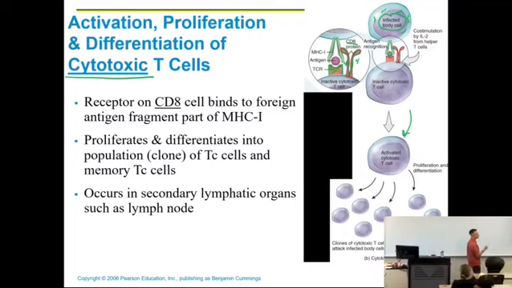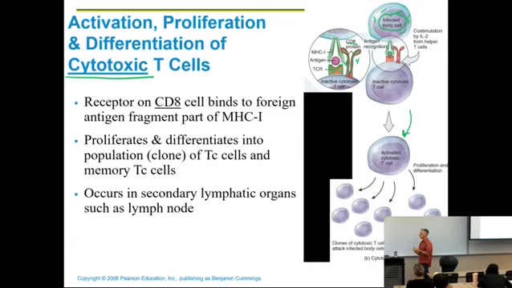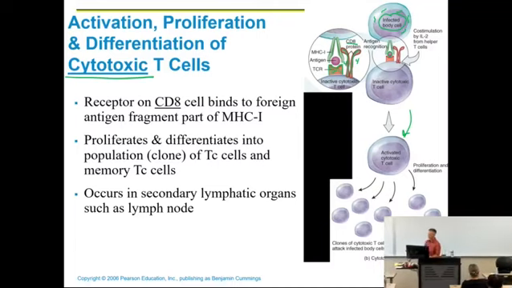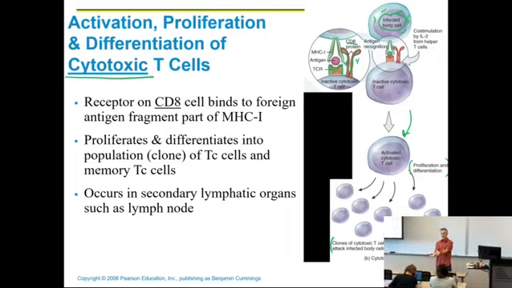So we see that same step, proliferation. We need tons of that particular one that's going to help us with that pathogen that we're infected with. So we see proliferation, lots of them made, and differentiation, where we have memory cytotoxic T cells being made and a whole clone army of cytotoxic T cells that are going to go into battle right then.